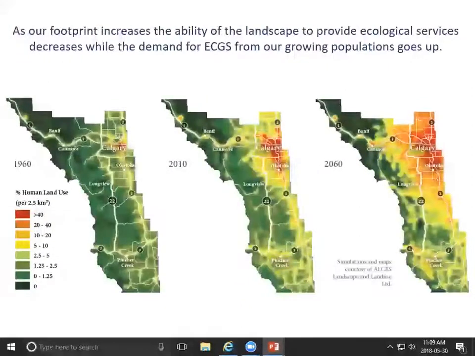So I guess the question is, what is it that we're trying to protect from, or what are we trying to conserve? If you look at these maps that were done by ALCES, and some of you may know Brad Stelfox's work, this particular set of maps just looks at the human footprint, non-agricultural human footprint on the land. So roads, houses, gravel pits, any kind of disturbance on the land.